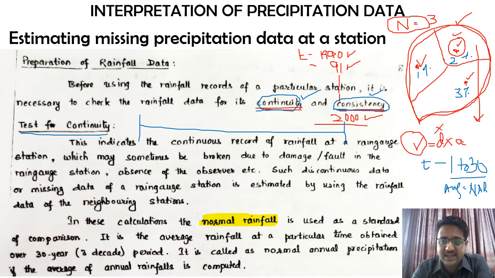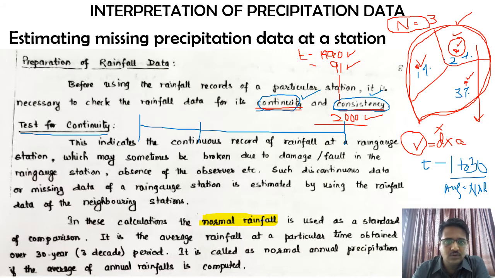What I mean by that is, if you consider, let us say, from 1990 till 2020, within this 30-year period there might be a lot of changes happening to that particular area, and because of that even the rainfall pattern of that area may change.